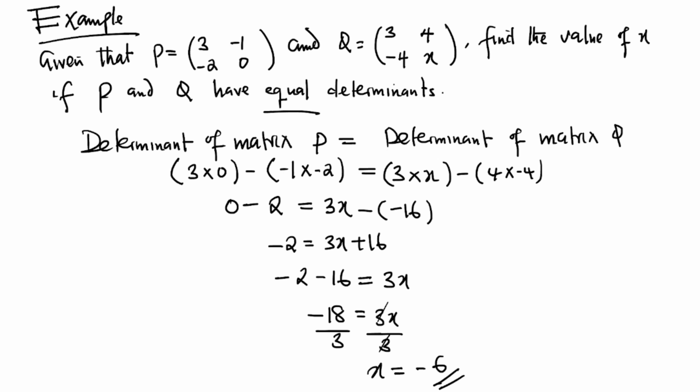Once we're done with that one, we can now look at the inverse of a 2 by 2 matrix. How do we find the inverse? We can't find the inverse without finding the determinant of a 2 by 2 matrix.